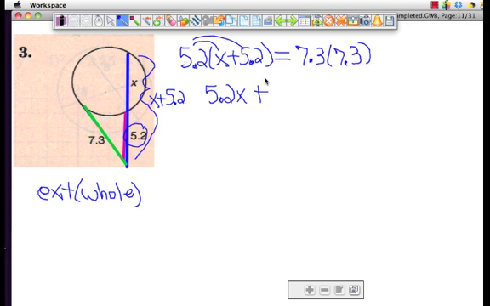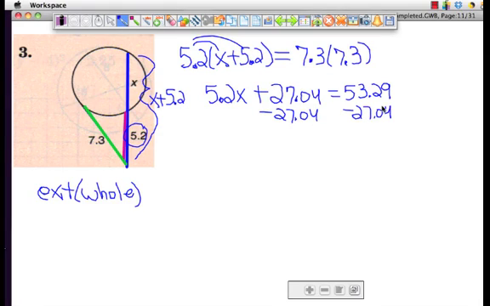5.2x plus 5.2 times 5.2. Get 27.04 equals 7.3 times itself, 53.29. We're going to subtract 27.04 from both sides.